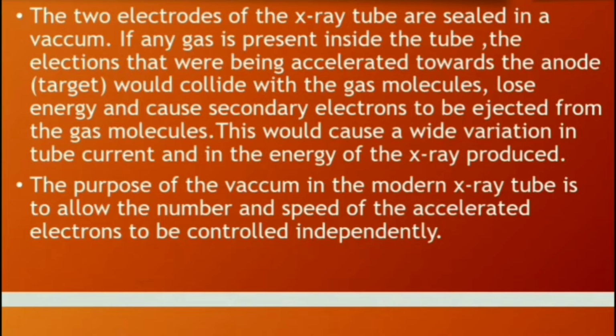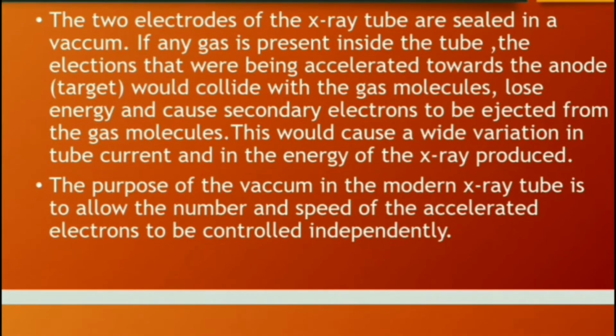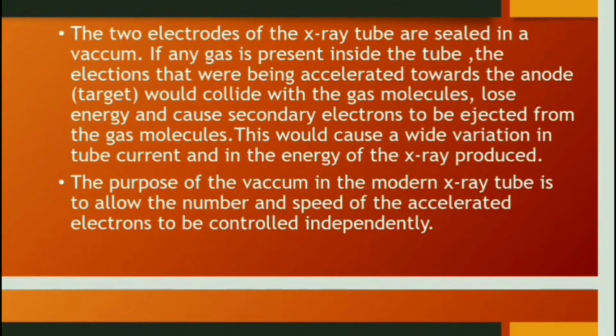When we talk about the glass enclosure, it is necessary to seal the two electrodes, the cathode and anode of the X-ray tube, in a vacuum. What is a vacuum? A vacuum is an empty space in which there is no air or any kind of gas present.